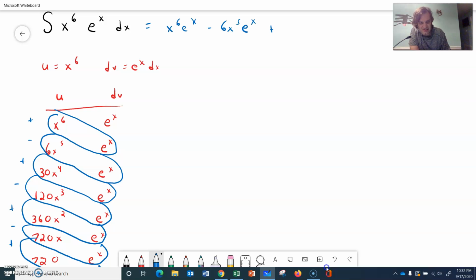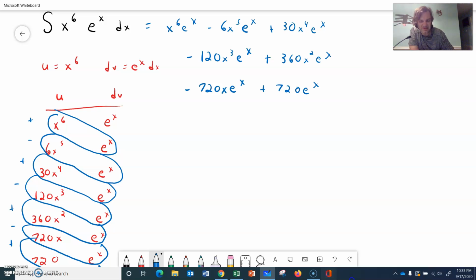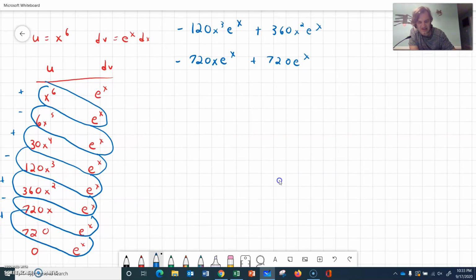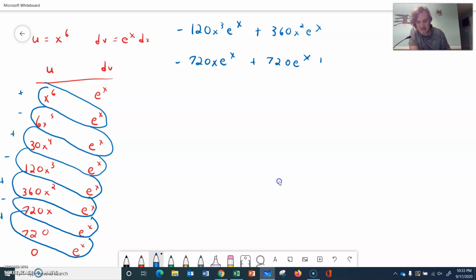And then plus 30x to the 4th e to the x, minus 120x cubed e to the x, plus 360x squared e to the x, minus 720x e to the x, plus 720 e to the x, and the next one would be 0, I believe. And if we're talking about an indefinite integral, we could say plus c at the end. So let me pull it back down.